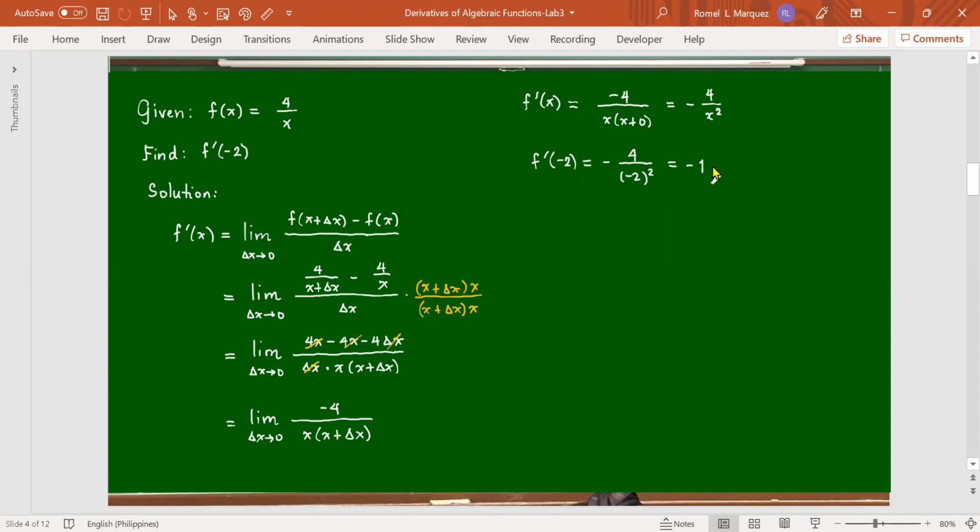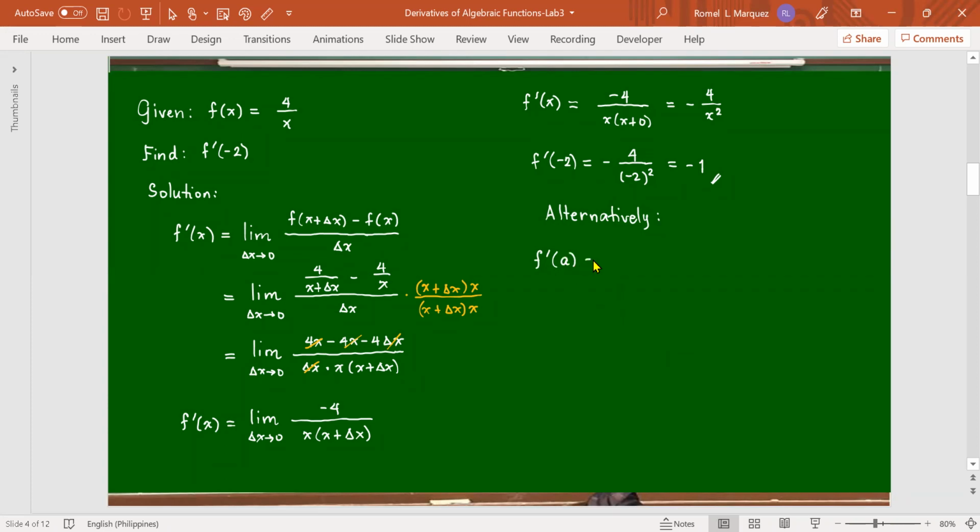Now, of course, there is a direct way of getting this. There is an option if you have a particular value of x, your x sub 1 or your x sub 0 or your a, your c, depending on the notation introduced to you. So alternatively, we have f prime at a.